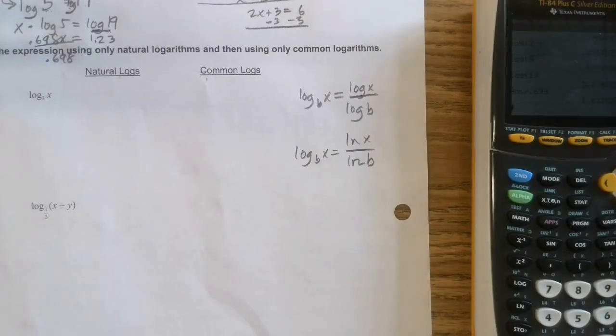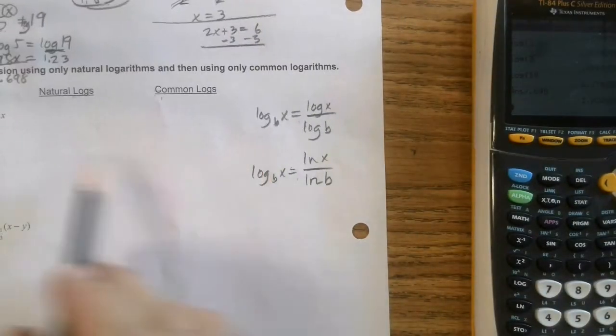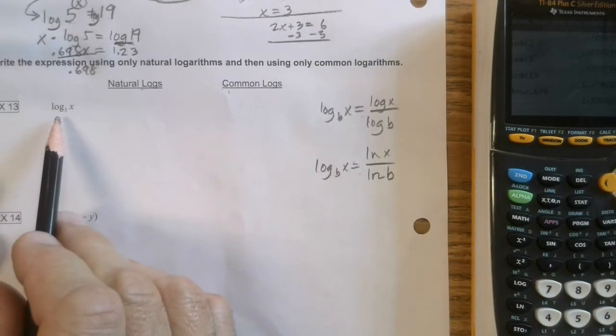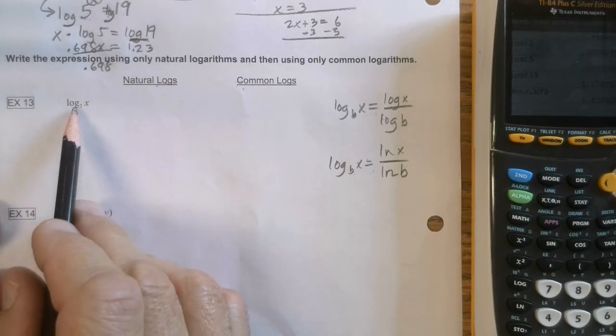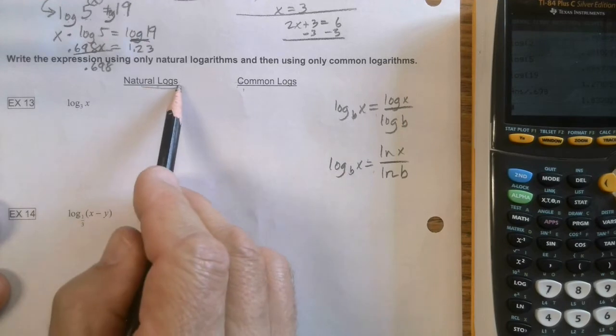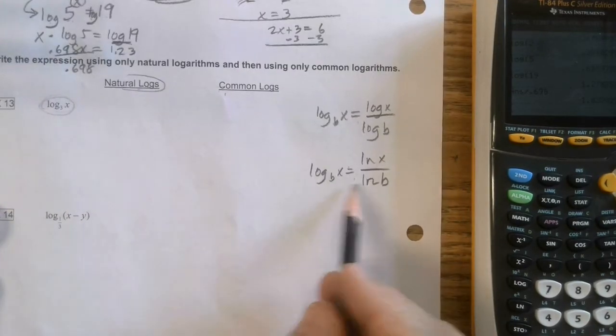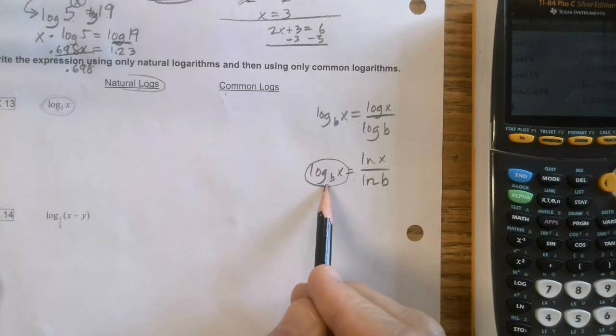All right, so on the front of this sheet are these two little conversion formulas, which are found right here. I just wanted to transfer them and save a little bit of time. I don't see much of a point to these exercises other than can you follow a formula. So it wants this in terms of natural logs, which means follow this formula right here.